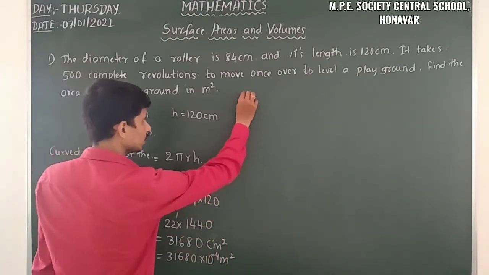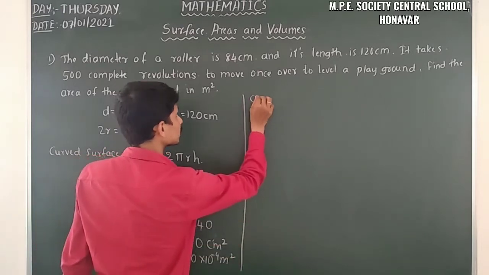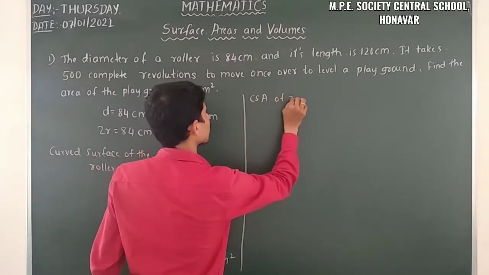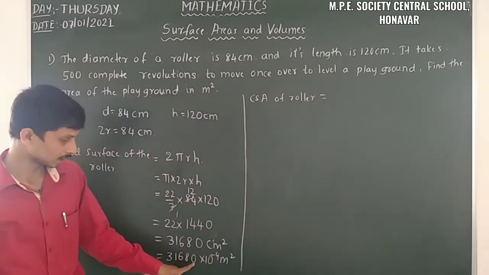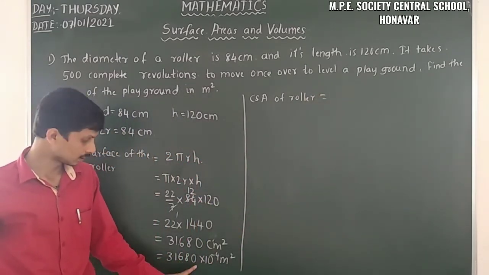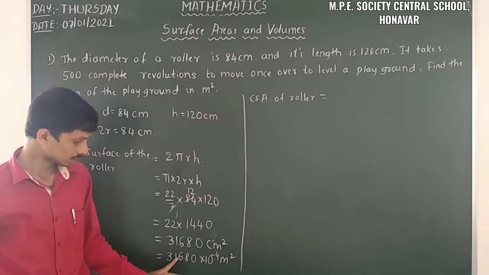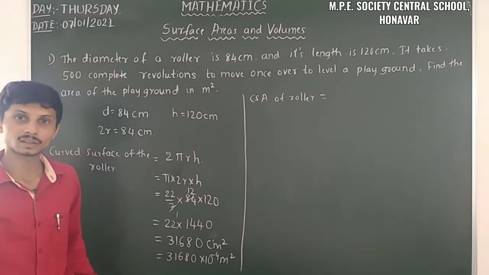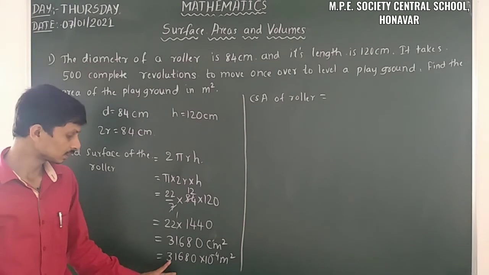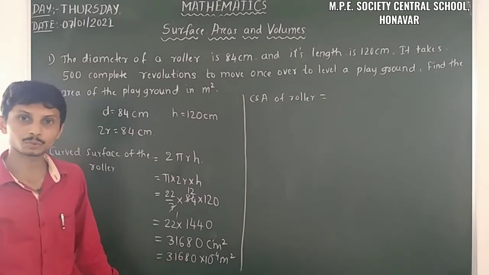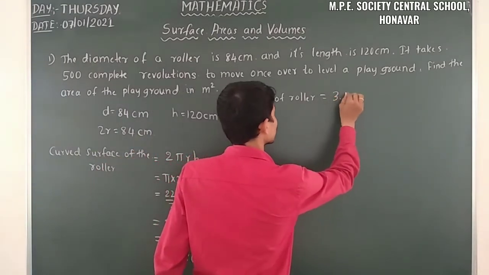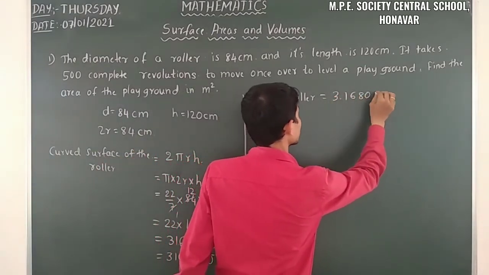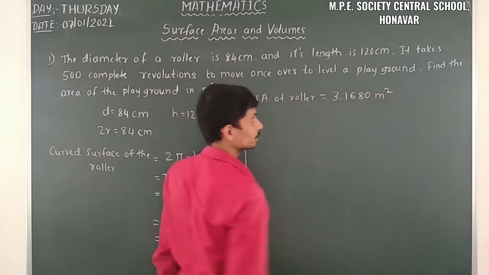The curved surface area of a roller, with 10 raised to minus 4, that is 1 by 10,000, means we have to take 4 places and put the decimal point before 4 places, that is 3.1680 meter square.